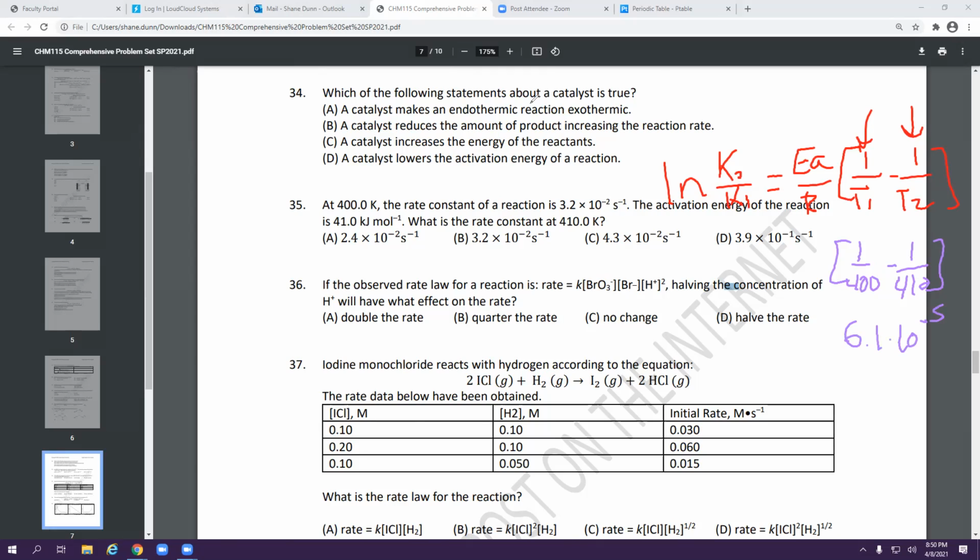I say no. You have to change that to joules. Why? Because you have to. And then that right there is going to deal with the weird one, which is the R value, 0.00831, not the 8.314. No, because we're going from kilojoules to joules.